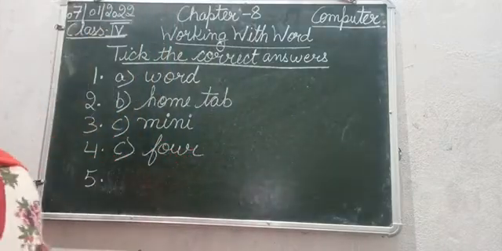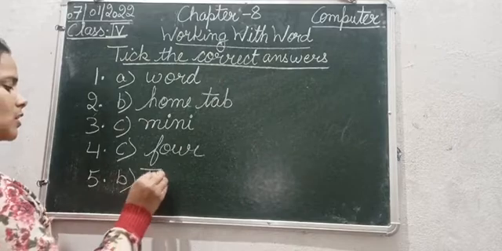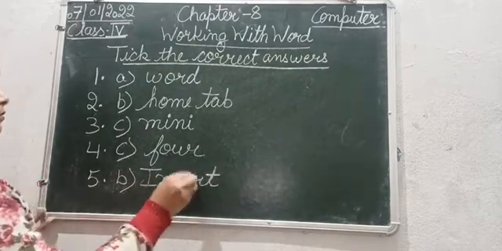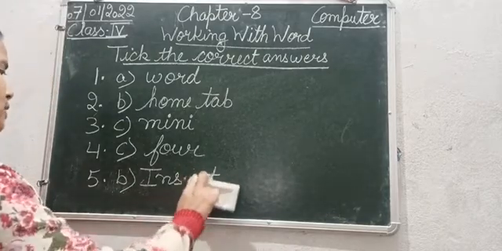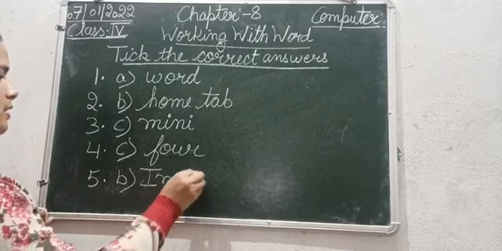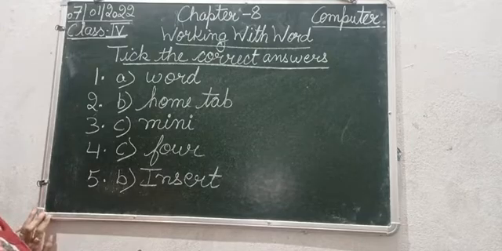So that is option number B, that is insert. So these are the answers for the tick the correct options.